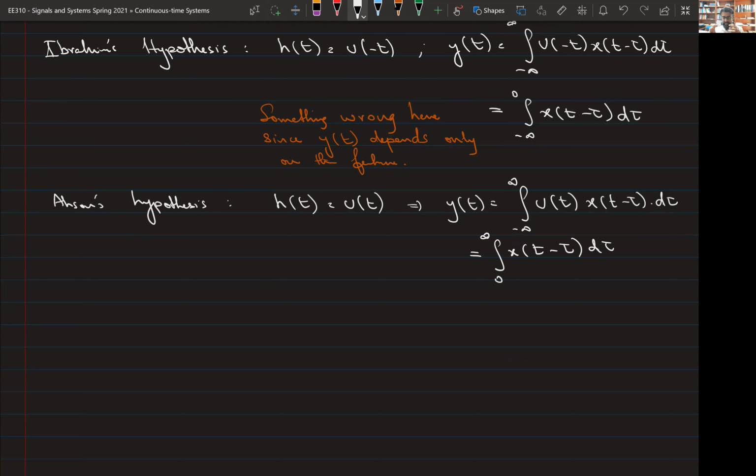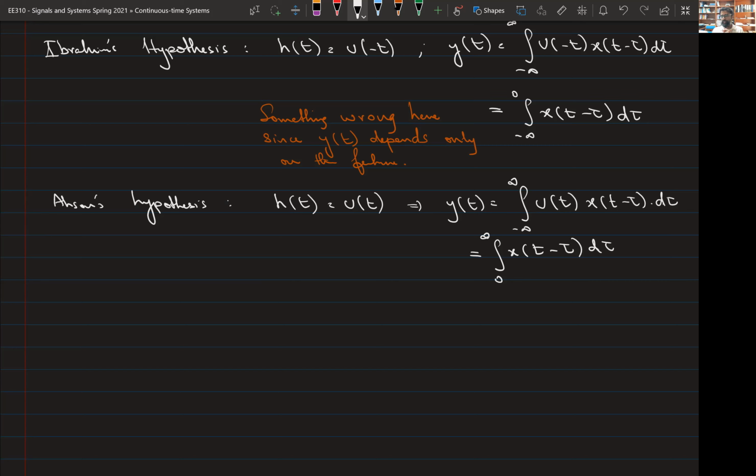So this impulse response, h of t equals u of t, therefore corresponds to a causal system, because this makes sure that the output at any particular time t only depends on the input of the past.